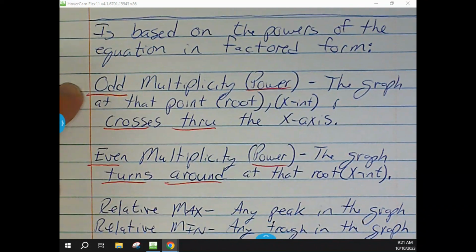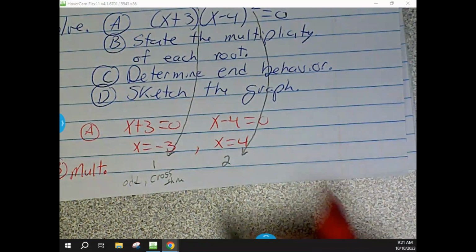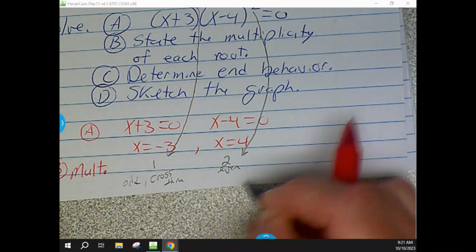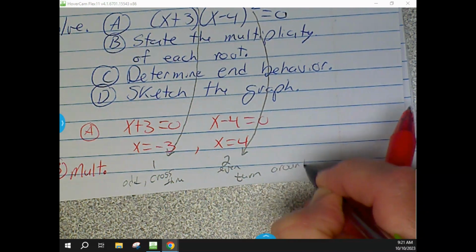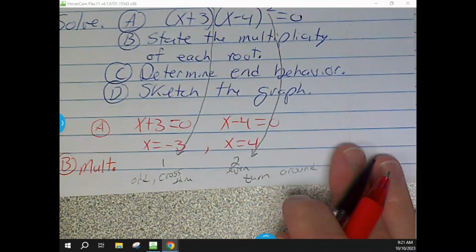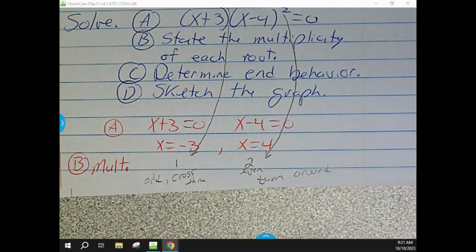And again, we're going back to this part up here. If it's an odd power or odd multiplicity, we're going to cross through. If it's an even power, then we're going to turn around. And I know right now you're probably thinking, what do you mean? And again, we'll get there in just a second. We got to get one last thing, and then we can put this out.